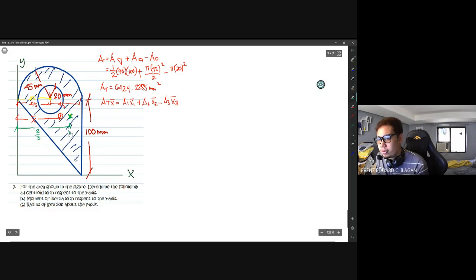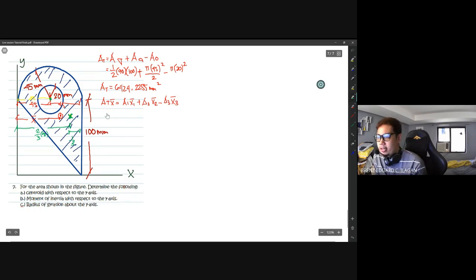Kasi coming from this point, ito 1/3, coming do sa height. Pag dito sa vertex or do sa pinakamababang point ng triangle, so 2/3. So 2/3 ng base, which is 90. Okay? So again, yung circle and semicircle, dito lang naman yung point na yun, sa mismong gitna. Or that is 45.